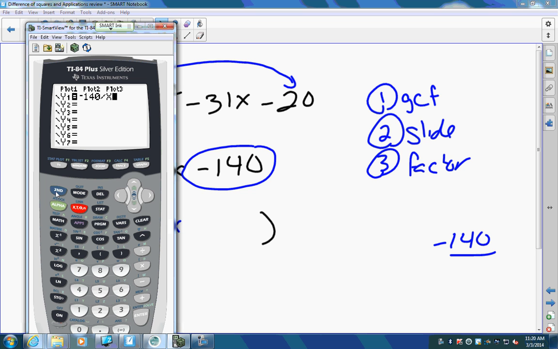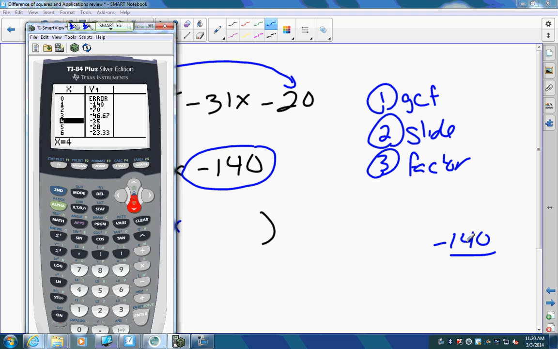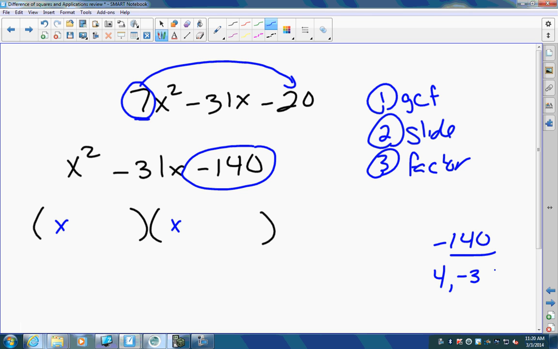Press second graph. And now I want to find the factors that add up together to give me negative 31. Oh, there it is. I already saw it. 4 and negative 35. So I have plus 4 minus 35.